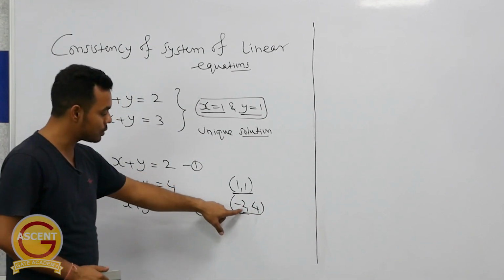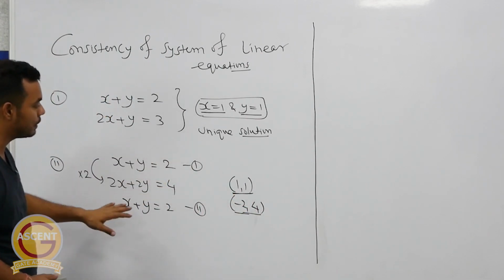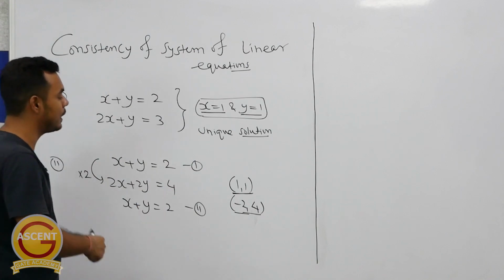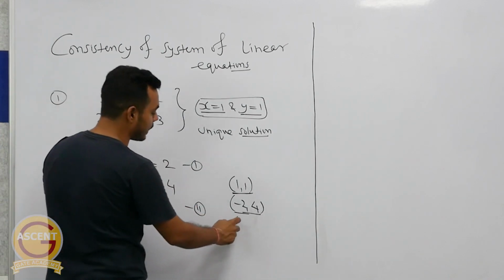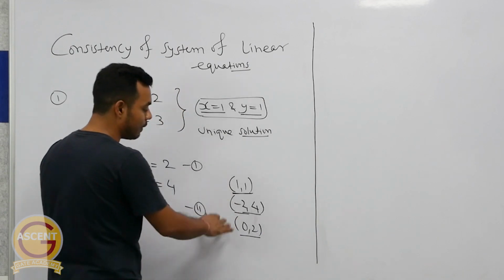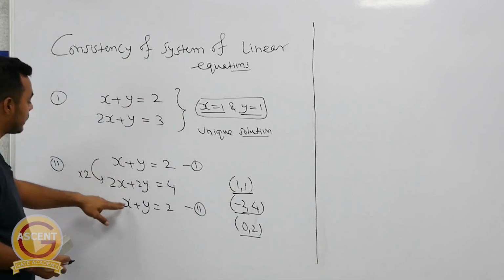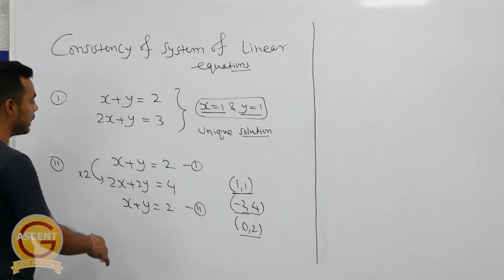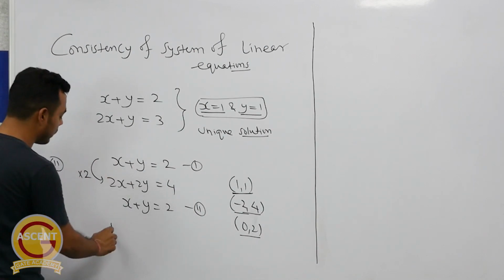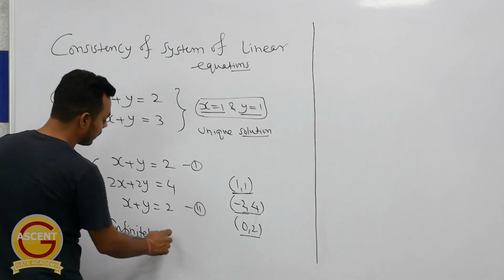If I place x equals minus 2, y equals plus 4, then this will also satisfy both of these equations. And similarly, you can think of many other solutions. You can place x equals 0, y equals plus 2. So in this way, there are infinitely many other values of x and y which will satisfy both of these equations simultaneously. And therefore, this system of linear equations has infinitely many solutions.